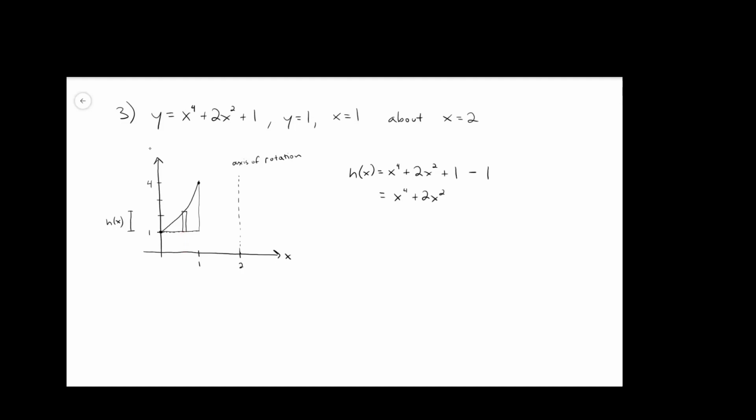Okay, now the next thing we need to figure out is what is the p of x? P of x is the distance, like I said before, it's the distance from the axis of revolution or axis of rotation to the representative rectangle. Now, this distance here from the y-axis all the way to that axis right there, what is that distance? Well, that's 2, right? That's the horizontal distance of 2.